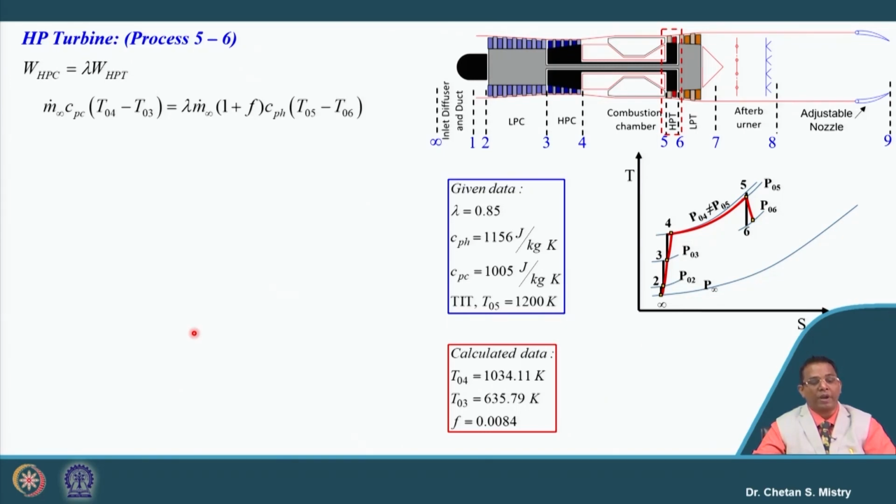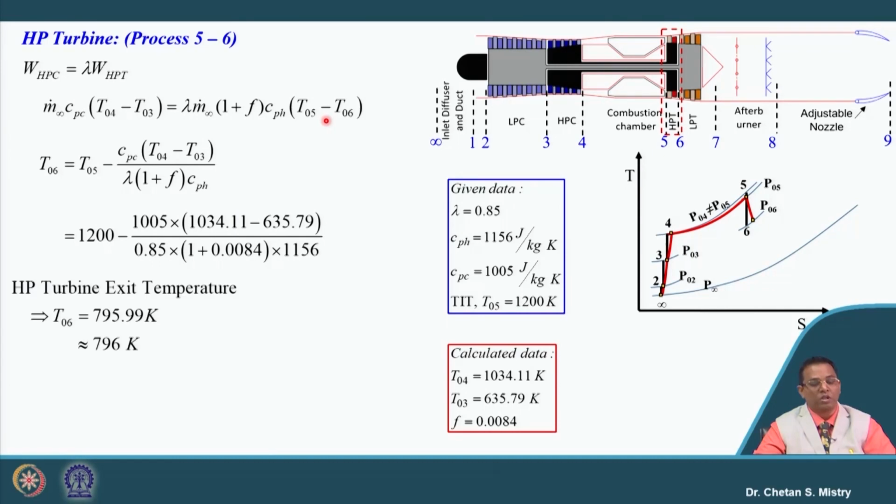So here I am writing the work for the compressor as m Cp delta T0, which is equal to, and here we need to be careful, my m will be changing, it is m infinity into (1 plus F) Cp of hot gas (T05 minus T06). If we put these values, since my turbine entry temperature is known, 1200 Kelvin, we can calculate the turbine exit temperature as 796 Kelvin.